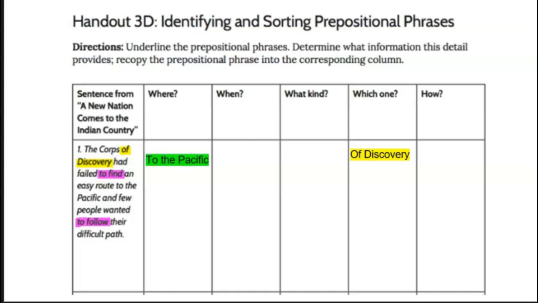Think about it. Is to follow a prepositional phrase? No, it's not, because it's followed by a verb, follow. So our last prepositional phrase is to the Pacific, and that is telling us where. The route where? Well, the route to the Pacific.